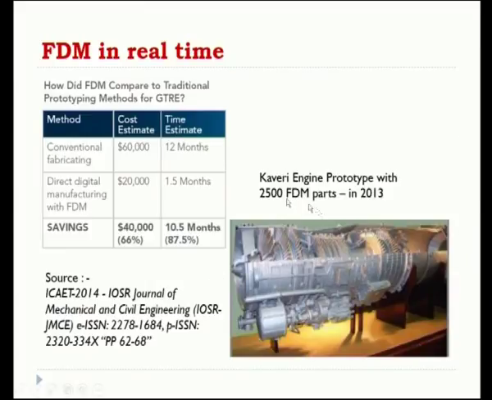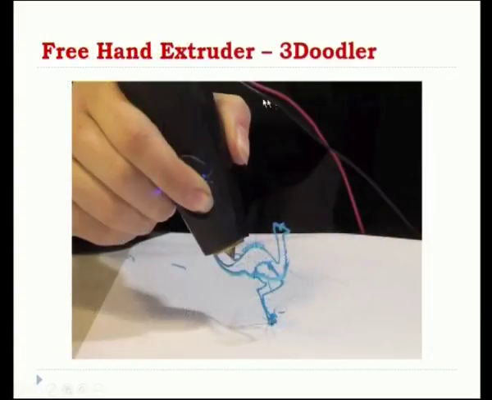You can think about one of the areas like this, and you can see this is one of the freehand extruded. Mostly our people prefer to draw easily. So for that they have developed the 3D doodler. They have developed a pen like this. The input they have given is like a normal filament. You can draw freely and you can develop a component.